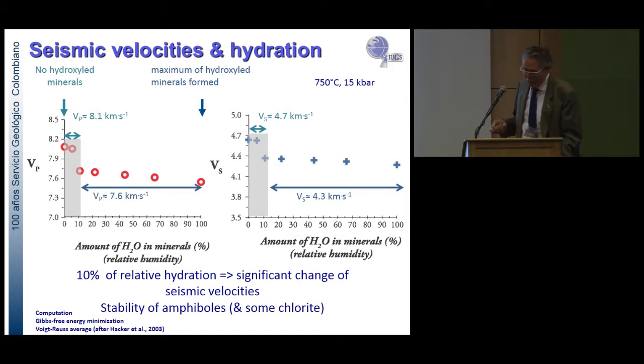And this is by 10% of relative hydration, meaning if you take an amphibole with 2.3% water in every crystal, you need about 4 to 5% of amphibole to produce this 10% relative hydration. So there are not many hydrated minerals needed in the mantle to produce a significant drop in wave velocity as calculated by petrology.